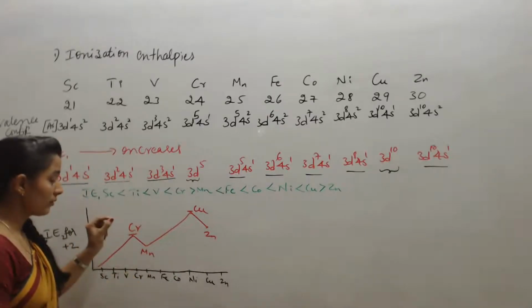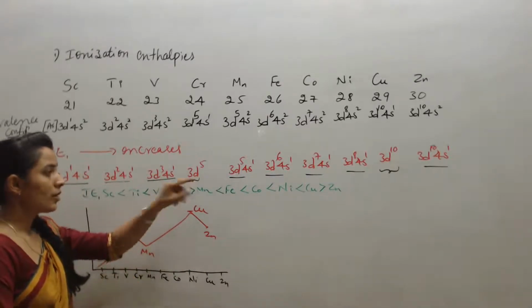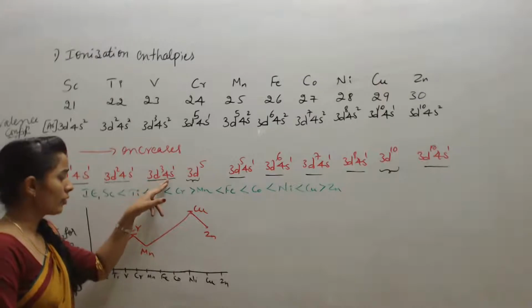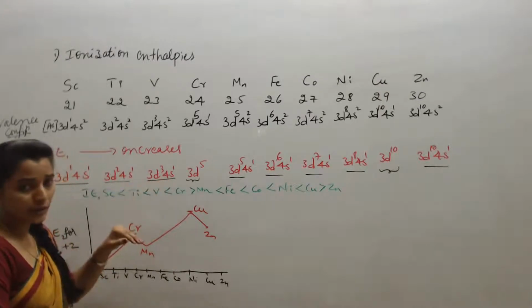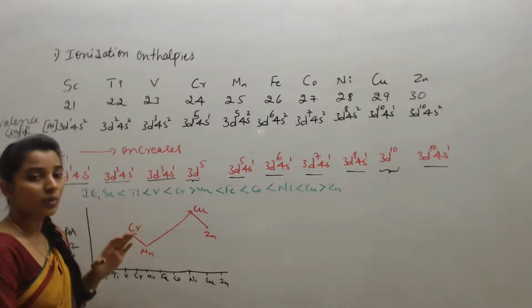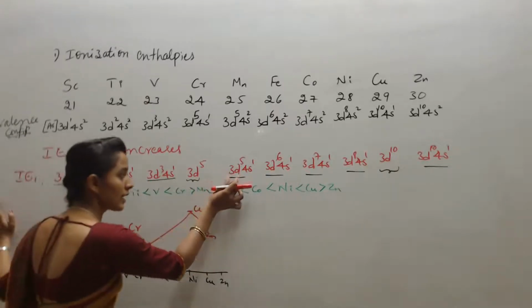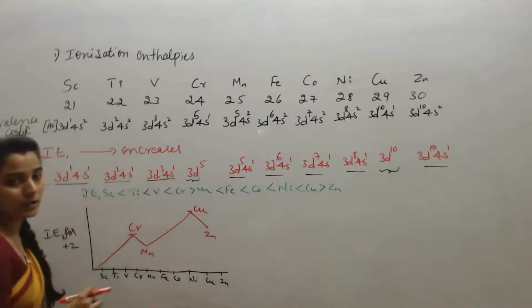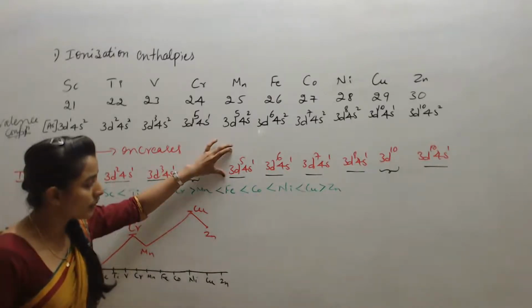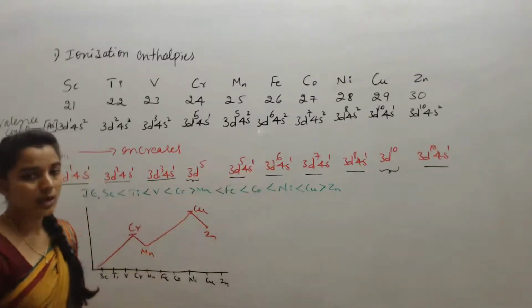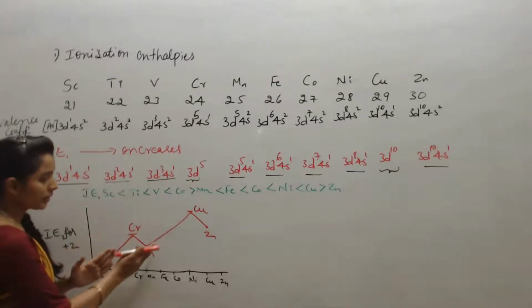They are highly stable compared to 4s1. 4s1 is not a stable configuration, so it easily loses one electron. Manganese and zinc consist of a stable as well as an unstable configuration, so to attain the stable configuration, they easily lose one electron. So this is the trend, students.